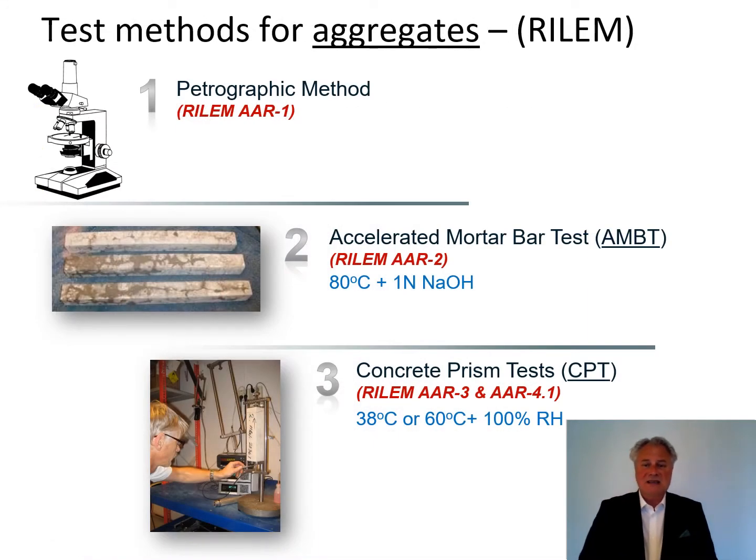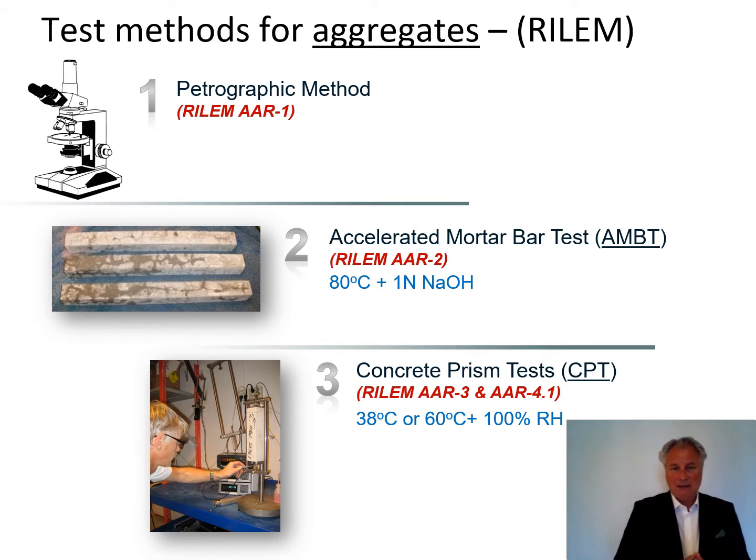As a main outcome of test methods in this work, there is a three-step testing procedure in RILEM. We have the petrographic method, using the microscope to look at reactive aggregates, the AAR-1 method. The second step is the accelerated mortar bar test, putting mortar bars into 80 degrees and 1 normal sodium hydroxide solution.